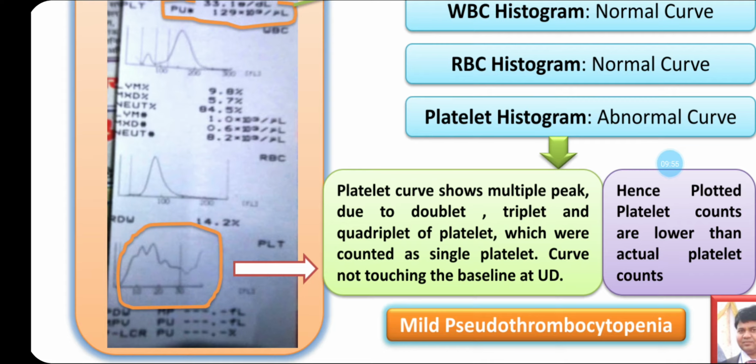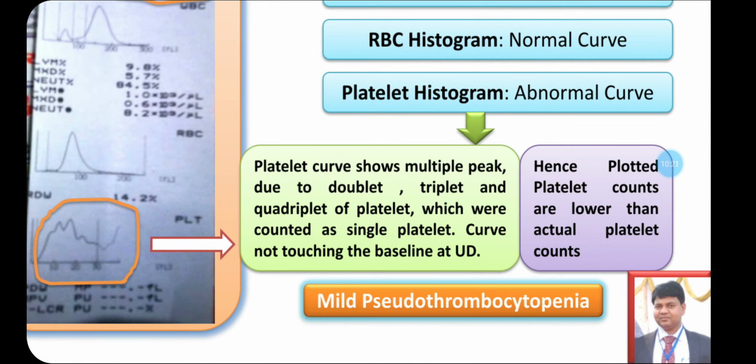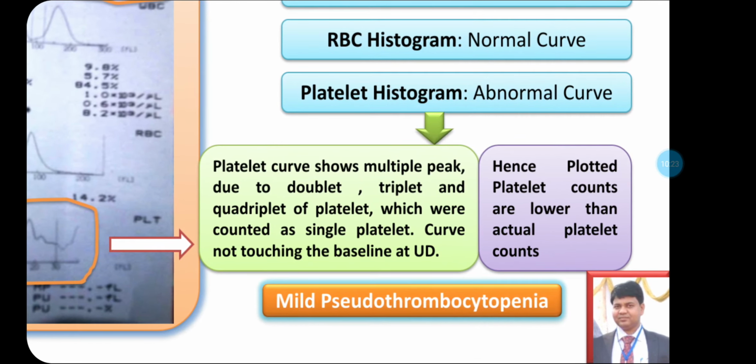When platelets aggregate and form doublets, triplets and quadruplets, they are counted as a single platelet. That's why there is a fall in the counts plotted on the CBC strips. You can see the curve is not touching the baseline at the upper discriminator. So by this we can interpret that the plotted counts are lower than the actual platelet counts.